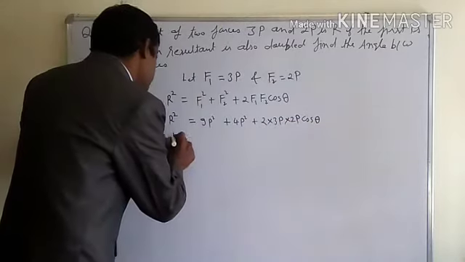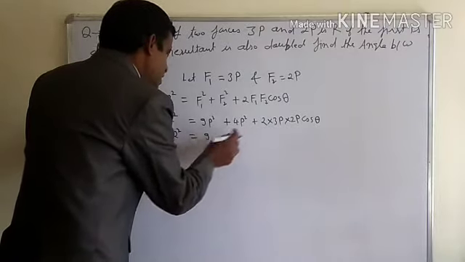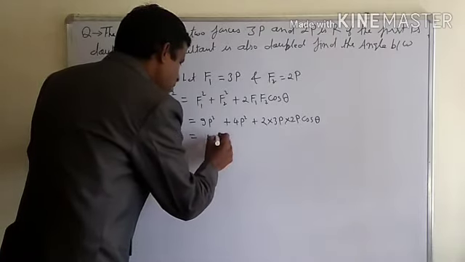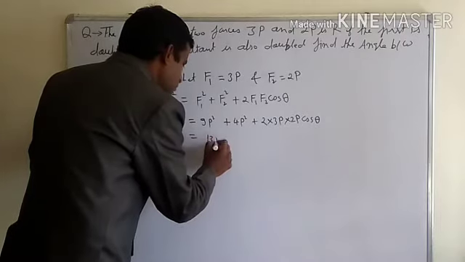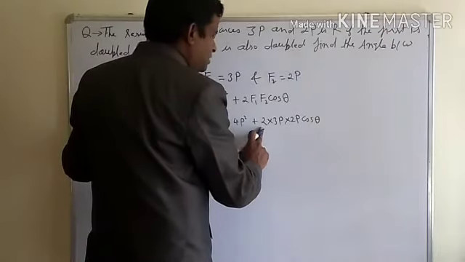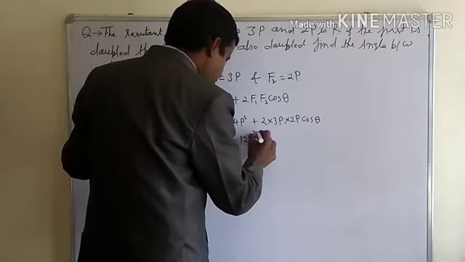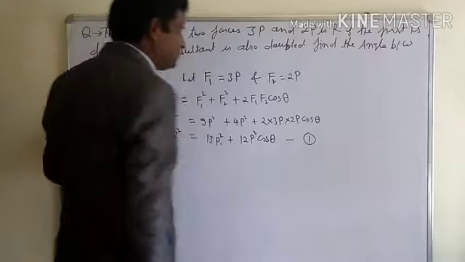After solving, you'll get R square is equal to 9P square and 4P square, 13P square, plus 12P square cos theta. This is relation 1.